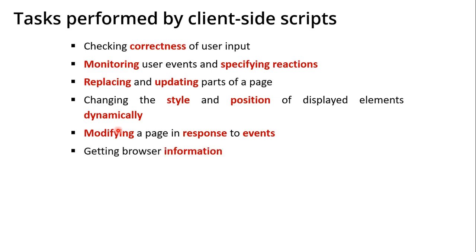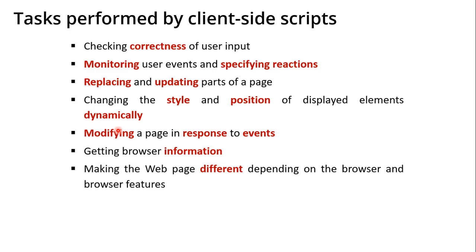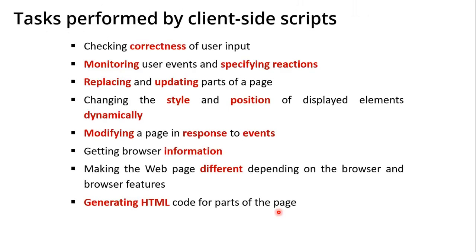Getting the browser's information. As I have explained, it controls the browser, so we will get the browser information. Making the web page different depending on the browsers and browser features. Generating HTML code for a part of the page. So these all are the tasks performed by the client-side script.